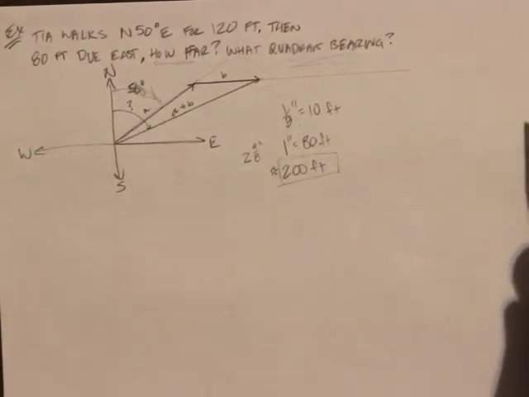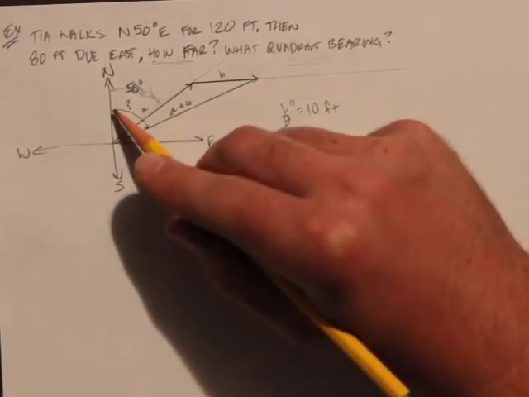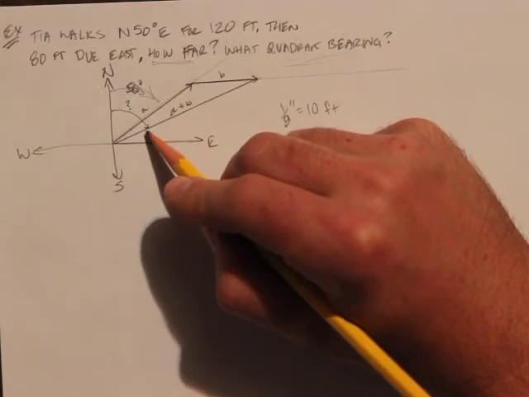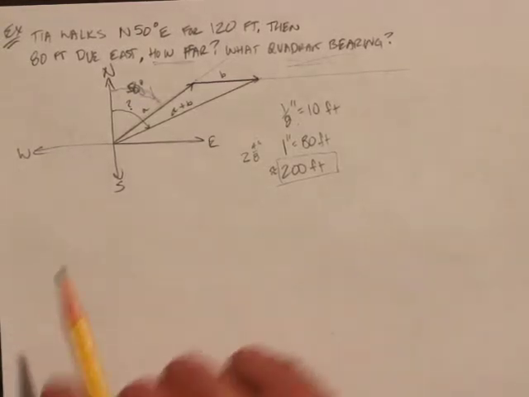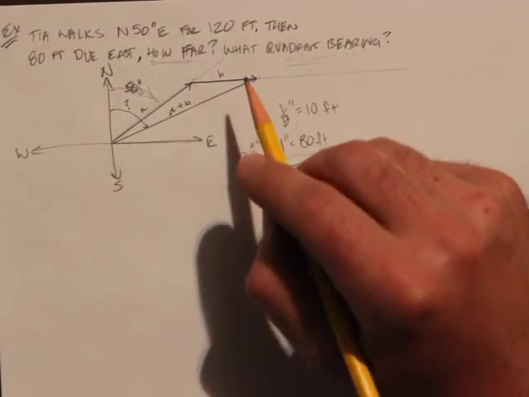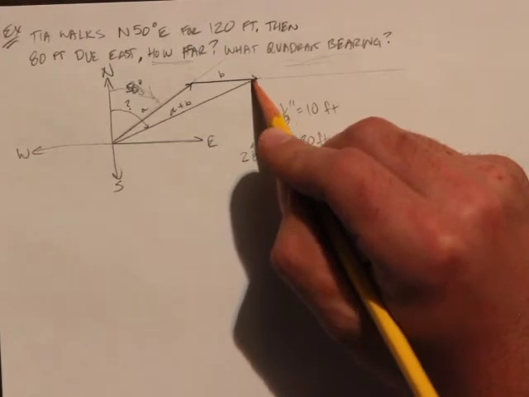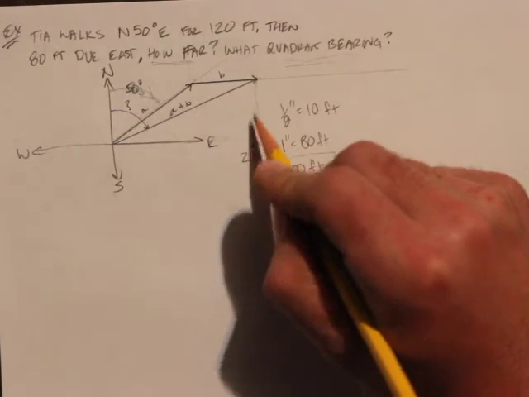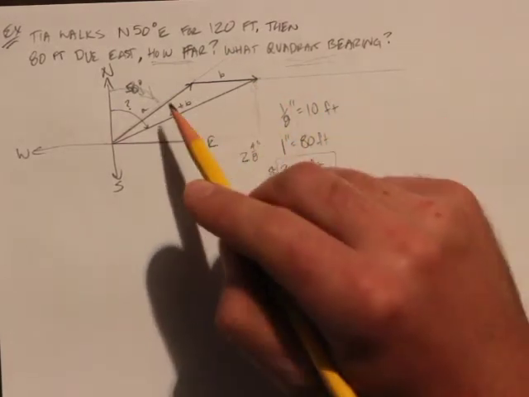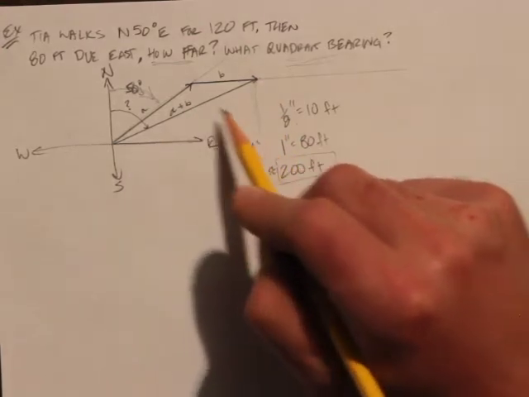Now, at what bearing? We have to figure that one out. How are we going to figure out this angle? We could set up a triangle here, find this distance and this distance, and then use the Pythagorean theorem.